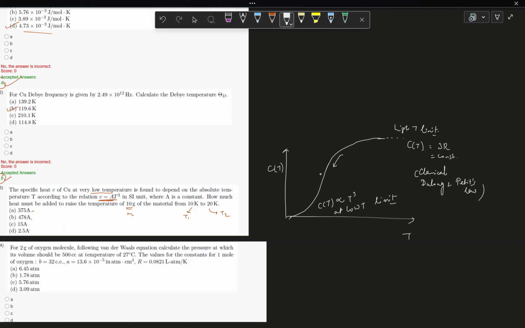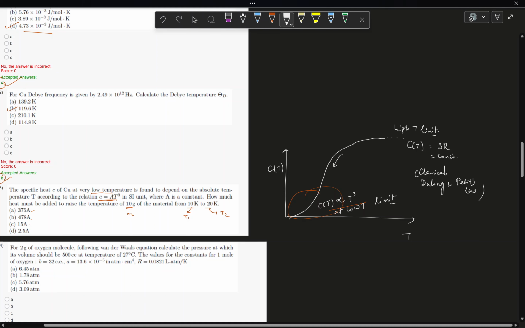So in our question, they have mentioned that we are dealing with the low temperature range of specific heat, and of course that is true, because the temperature values they have given are just 10 Kelvin and 20 Kelvin, which is of course low temperature. So we'll be dealing with only this part, which they have already mentioned has a C equal to A times T cube dependence, which is basically the phononic contribution to specific heat.